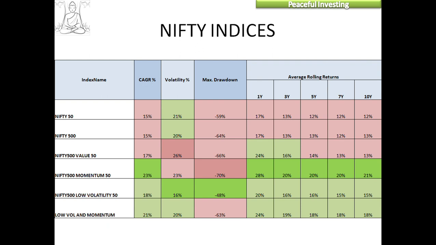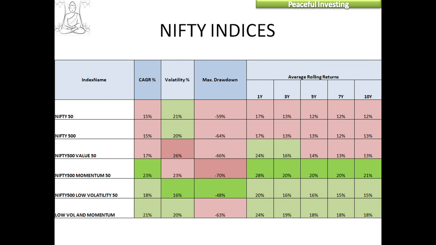So in this case, at least if someone invests in Nifty 500 low vol 50, there are high chances that they would hold on to their investments, and probably, across all the indices, they would be able to bear this drawdown, because in the rest of the cases the drawdown is very high. Even in Nifty 50, a close to 60% drawdown is very high.